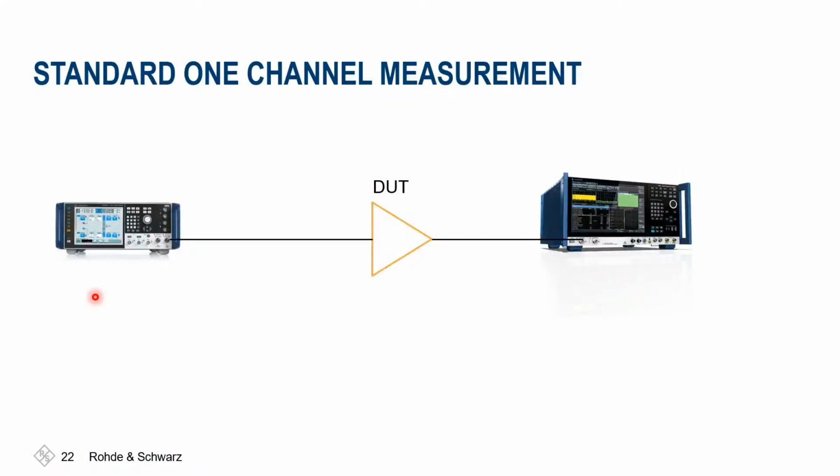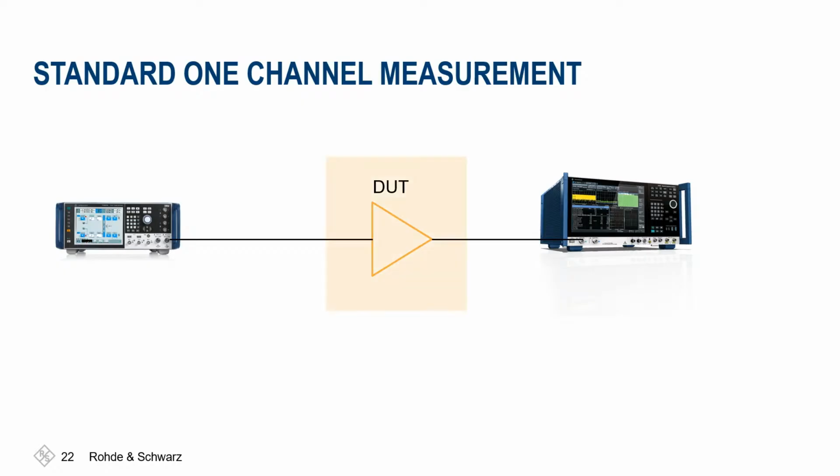So let's focus on the increased dynamic range that cross-correlation provides. What we're doing here is we have a device under test that we want to characterize. In this case, we do a spectrum analyzer measurement, an ACLR measurement on the output signal of the device under test. So the modulated signal goes into the device under test, gets amplified up to the nonlinear region of the device under test, and then is being fed into the FSWX, our spectrum analyzer here.